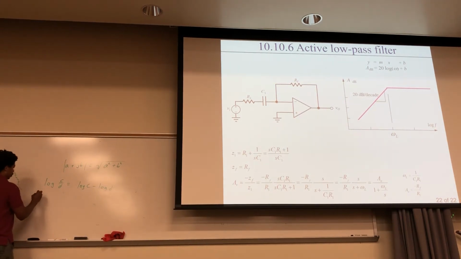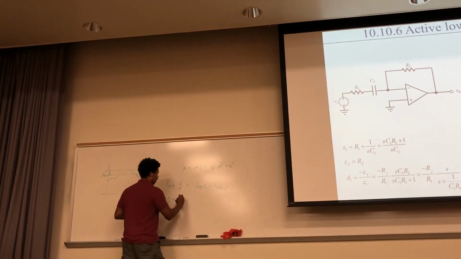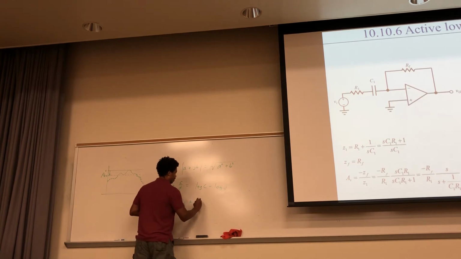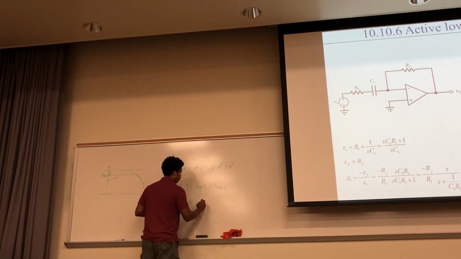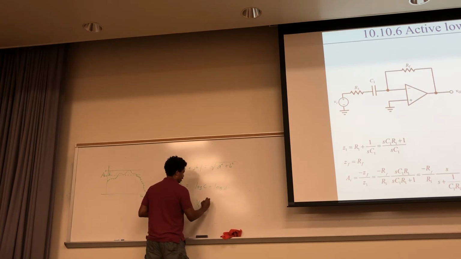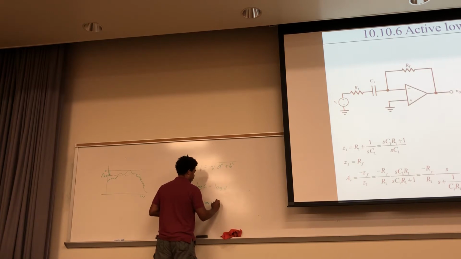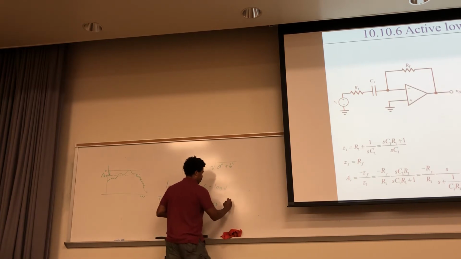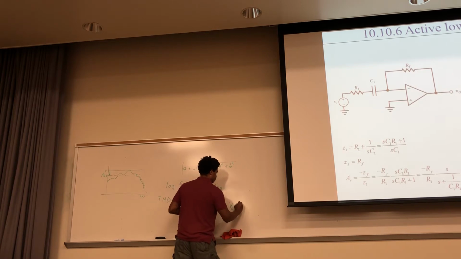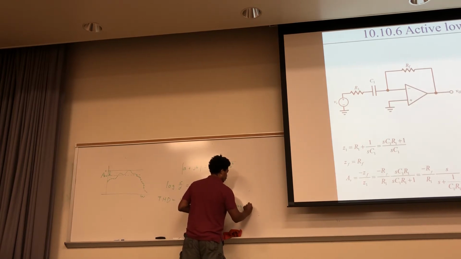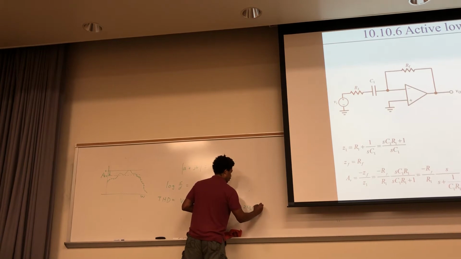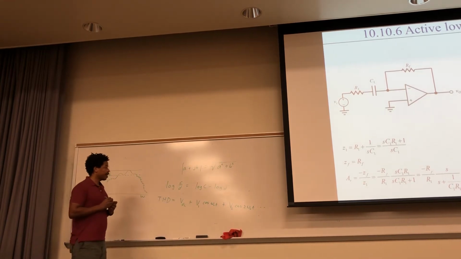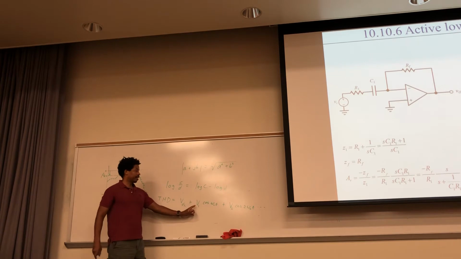When you're looking at total harmonic distortion, we have something like VDC, then maybe your first one, some sinusoid, say cosine omega t. Then you have some other higher harmonics, and so on.